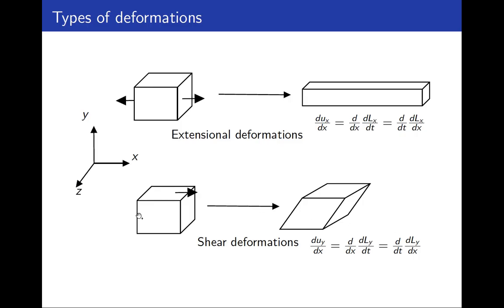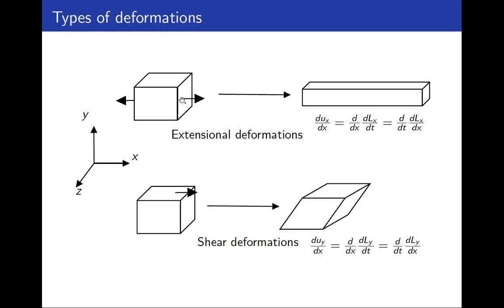Here I'm using a Cartesian coordinate system, so we have x, y, and z. First I will focus on explaining what an extensional deformation is. We have a cube of a fluid. It can also be an elastic material. I'm going to apply a force over this surface.